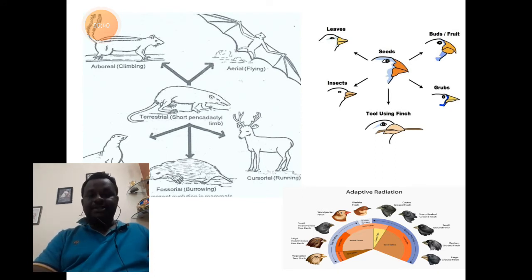These adaptive characters are due to the encountering of the organisms into different environments. So, the common ancestors that were existing millions of years back tend to occupy different environments and started showing the adaptive changes there.